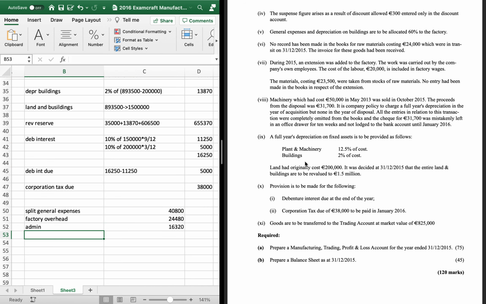Alright, so 16,320, and the same then for your depreciation of buildings. So 13,870 is the total. 60% is for the factory, so general factory overheads, and the rest then is for the admin.